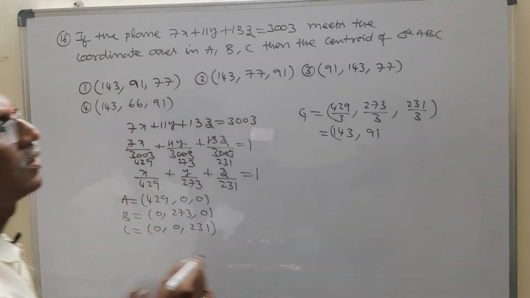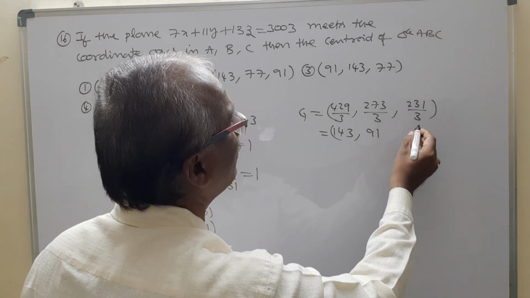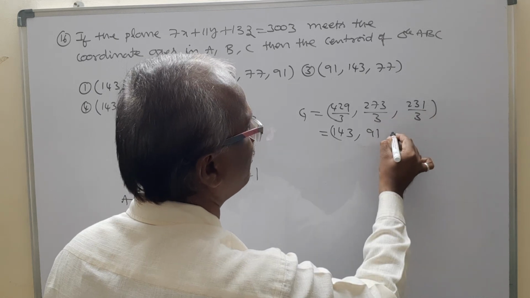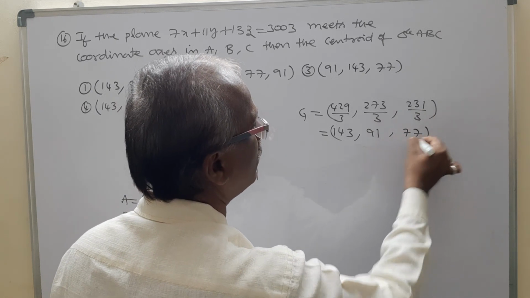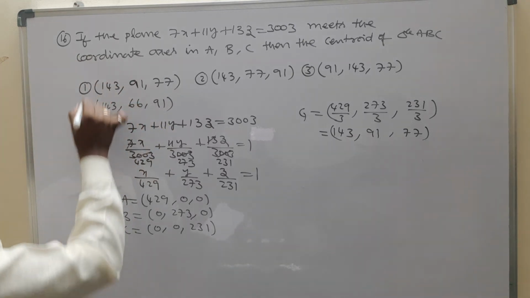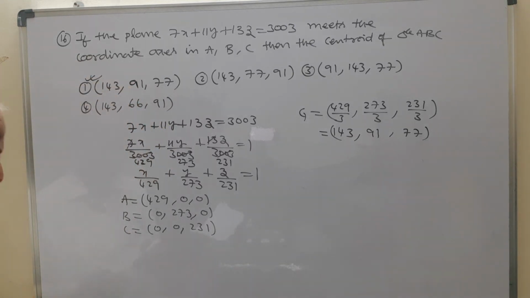This is the correct answer. Next 231 by 3 gives 77. So (143, 91, 77). The first option is correct.